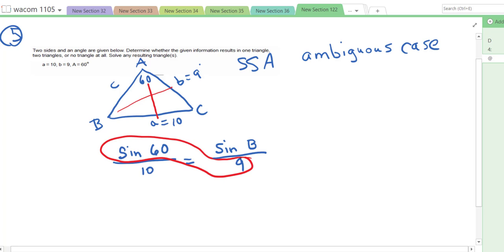And so I'll have 9 times, sorry, my colors are off, 9 times the sine of 60 divided by 10 equals the sine of B. All right, so we'll put this in our calculator.